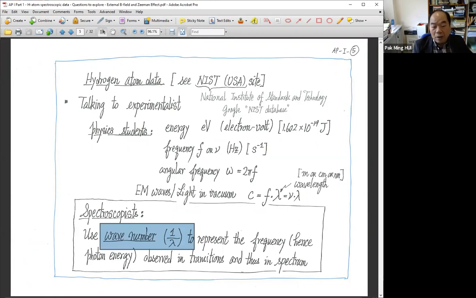Okay, so in physics, we usually use electron volt, we use frequency per second, we use angular frequency. H nu is the energy of the photon, h bar omega is the energy of the photon, okay? And for light EM waves, that is, C is F lambda. That is what physics students learn. But in data book, very often you see this wave number stuff, centimeter inverse.